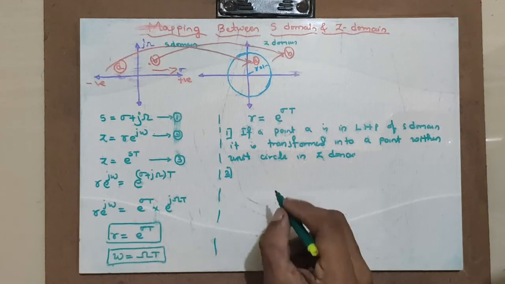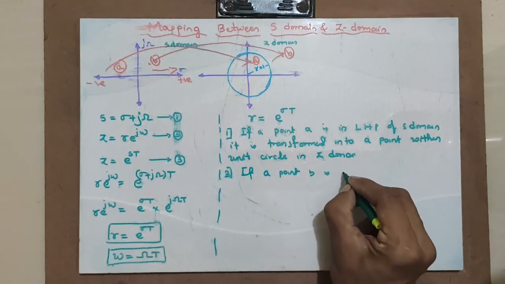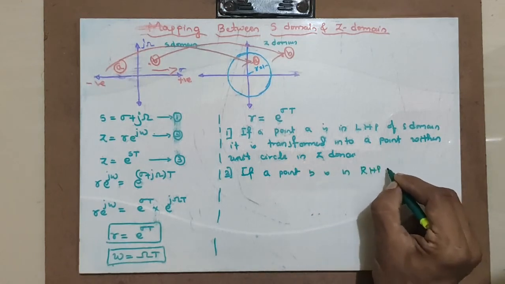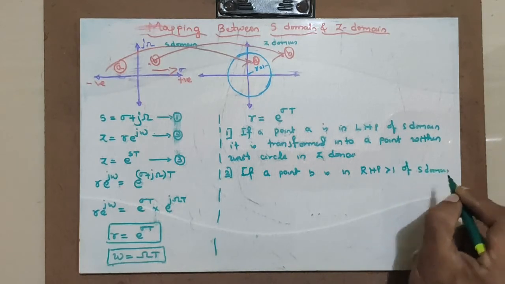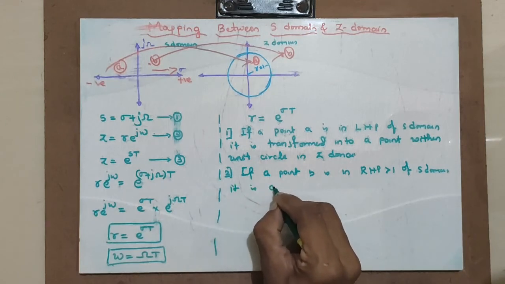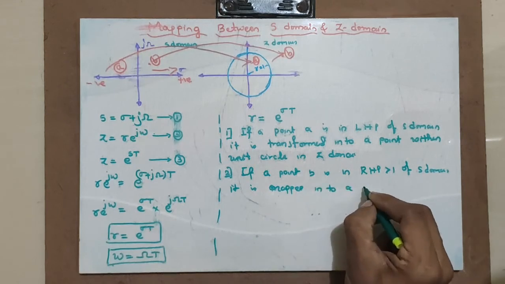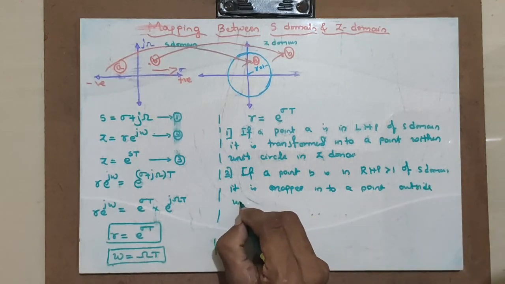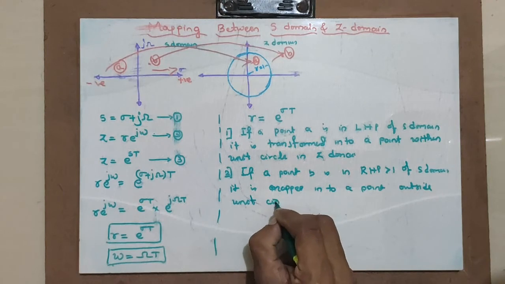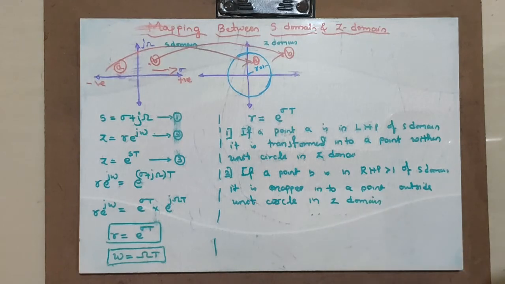Hence, if a point B is in the right half plane of the S domain, it is mapped into a point outside the unit circle in the Z domain. The same points we have observed in case of bilinear transformation also.